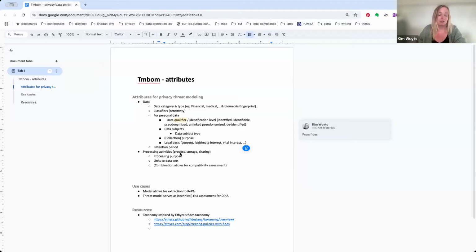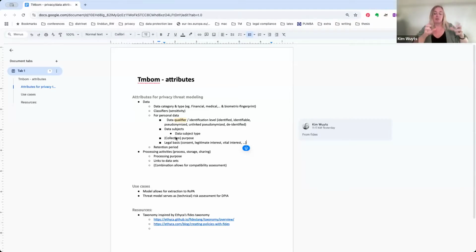So I'm not sure whether it's useful to tie this to each individual process or data store, or maybe it can be a level 0 or a level 1. I don't know if we're gonna do different levels of DFDs or of architectural models, but those ideally also have processing purposes and links to these data items.